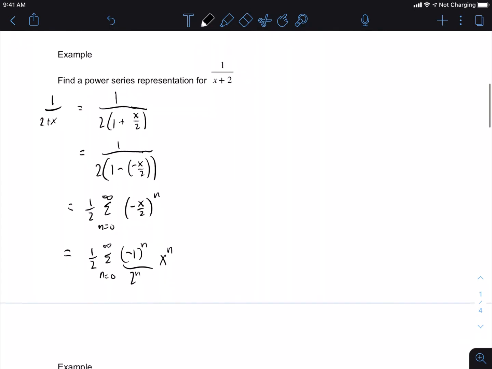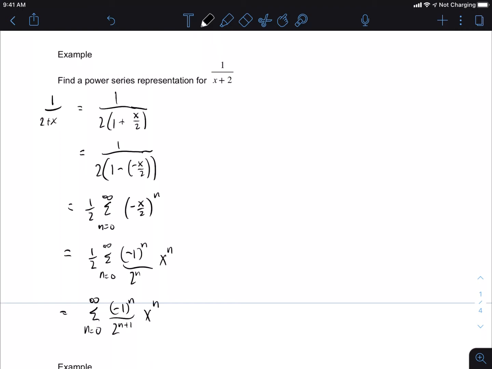I can clean that up just a little bit more so that I don't have the constant multiplier out front since it's already there. I'm just going to make this 2 to the n plus 1, x to the n.